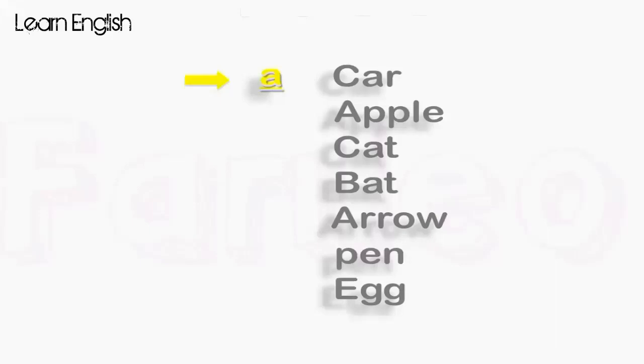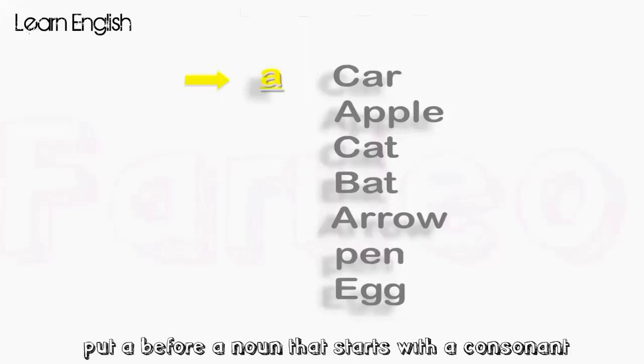Now, remember, whenever a noun starts with a consonant, we have in our previous lesson discussed vowels and consonants, you will have to put a in front of it. So here we put a car because car starts with C. It is a consonant. A car.